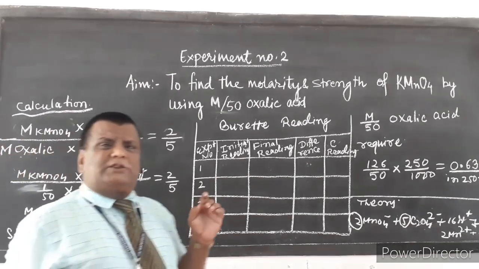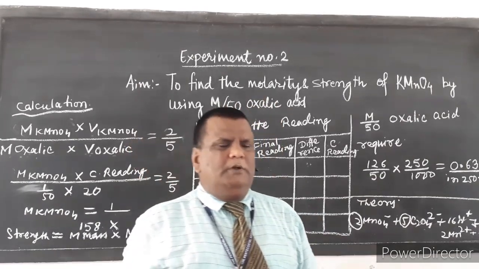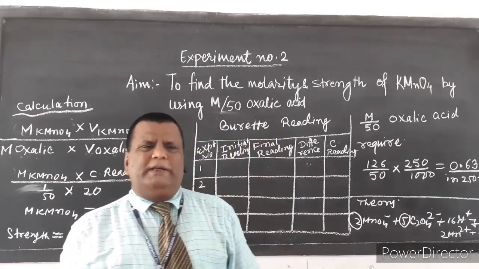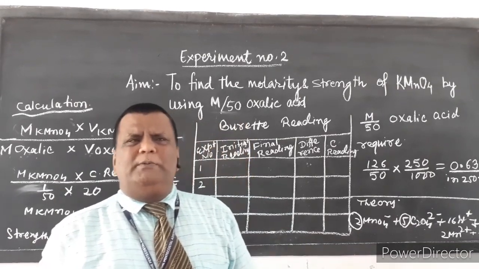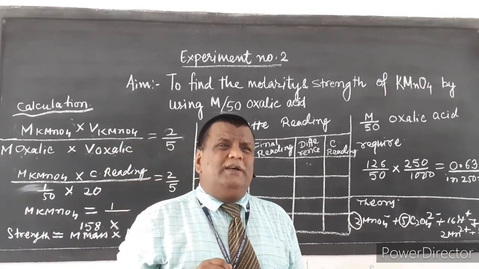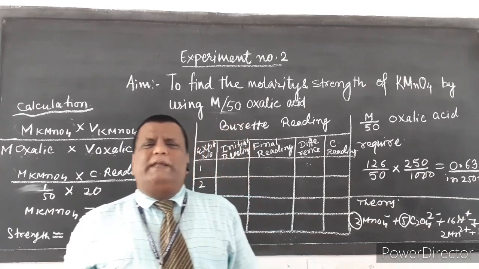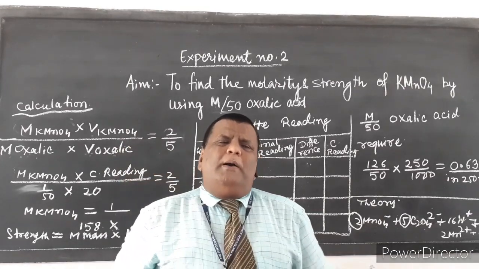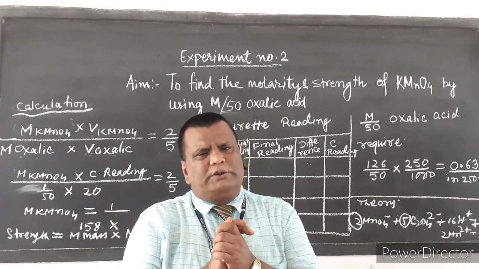So let's move on to the procedure of this experiment. First of all, fill the burette, after rinsing, with KMnO4 solution. And you must see that there is no air bubble in the burette. And then take 20 ml of oxalic acid in the conical flask by using a pipette.